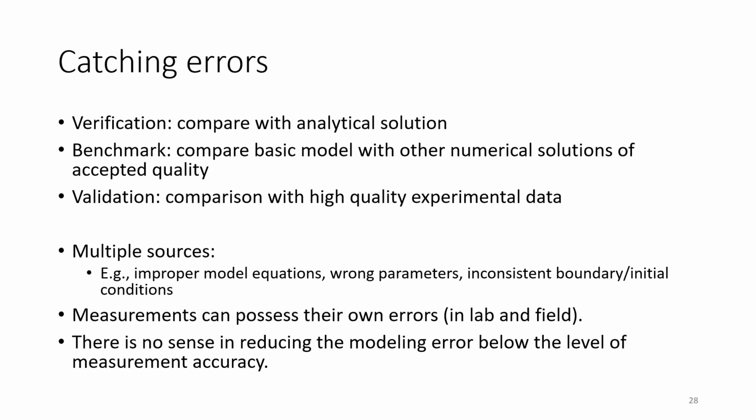Also keep in mind, if you're comparing during validation your numerical results with field or laboratory results, those are measurements, and every measurement also has a measurement error and a measurement accuracy, right? So, statistical errors from repeating measurements and that kind of stuff. So this is not the ultimate truth. And there's no sense in reducing your modeling error below the level of measurement accuracy.